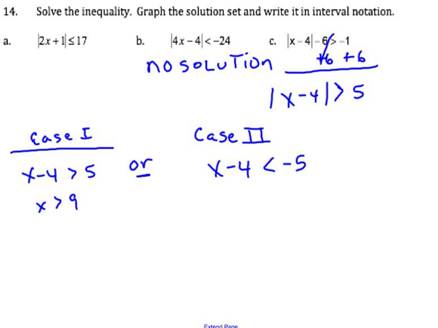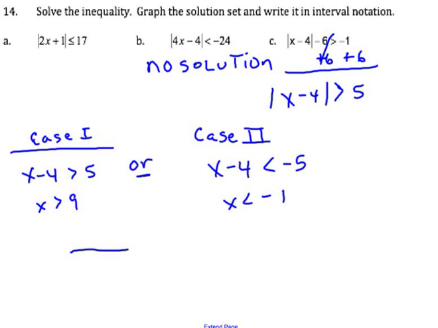That's because I was saying this was originally negative, so I'm taking the negative across the inequality, and that changes the direction of my sign, the direction of my inequality, and changes my sign. So I'm going to add 4 to both sides, and I have x is less than negative 1.